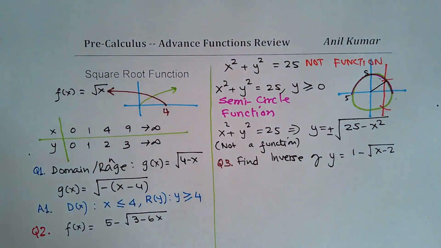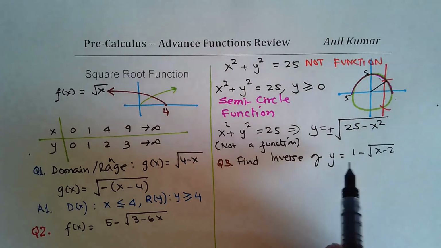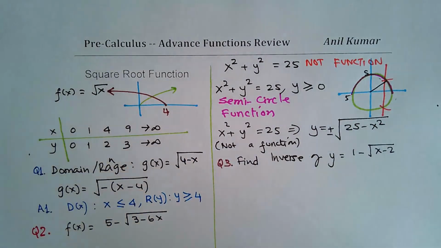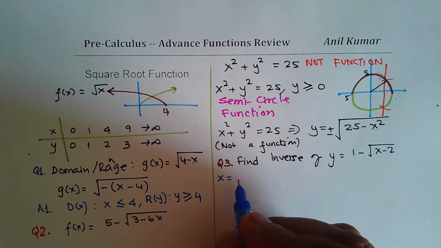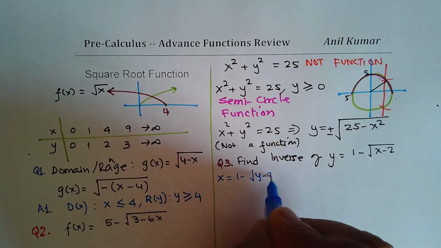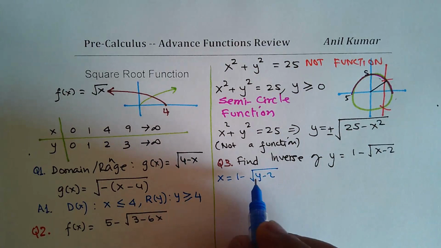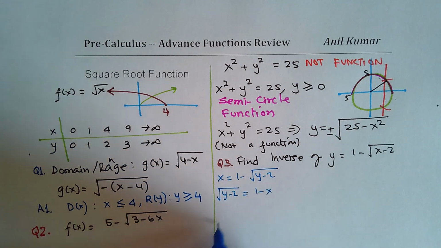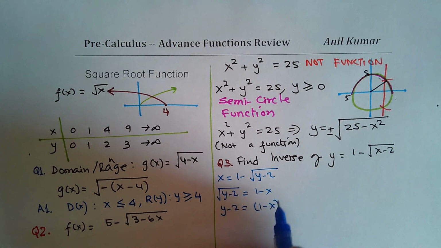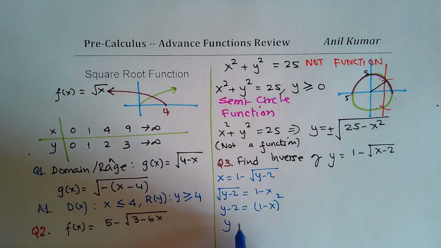Well, let's look into this. We can swap x and y and solve. So x equals 1 minus square root of y minus 2. We bring it to this side and say square root of y minus 2 is equal to 1 minus x, and then we square. So y minus 2 equals (1 minus x) squared, and then y equals, we'll add 2, right?